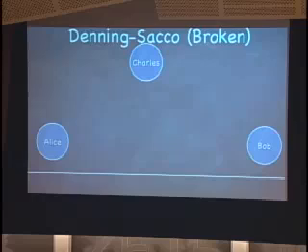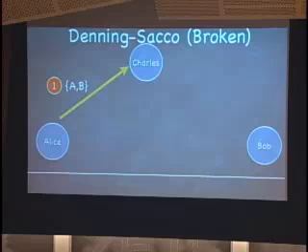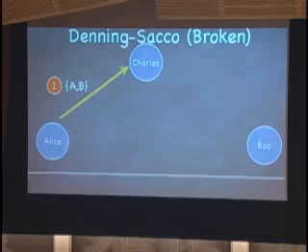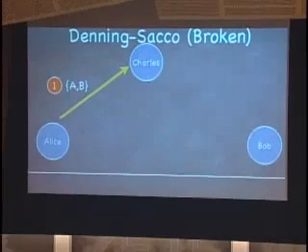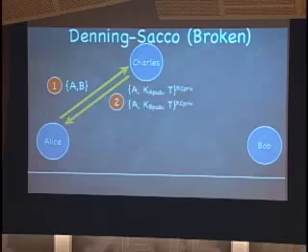So here's the protocol. Suppose that Alice wants to send a message between Alice and Bob, and we have our certificate authority. Alice says to the certificate authority, I would like to do some communication with Bob, and my name is Alice. And what comes back is one of these signed messages that has Bob's public key in it.